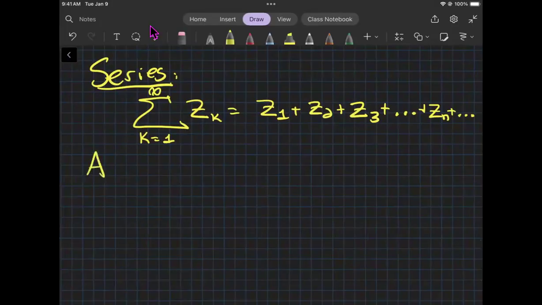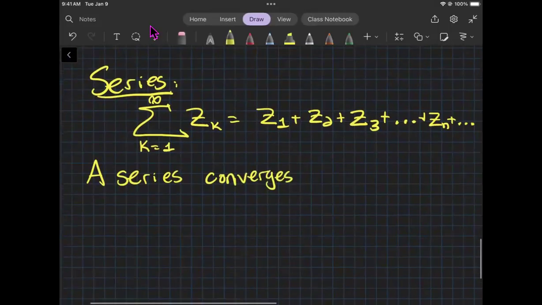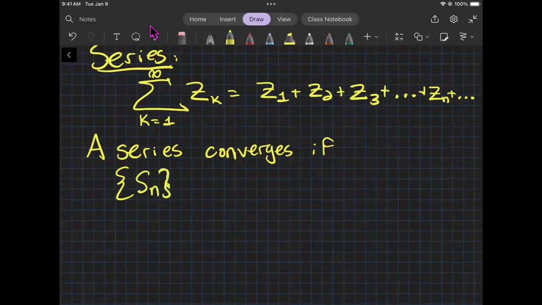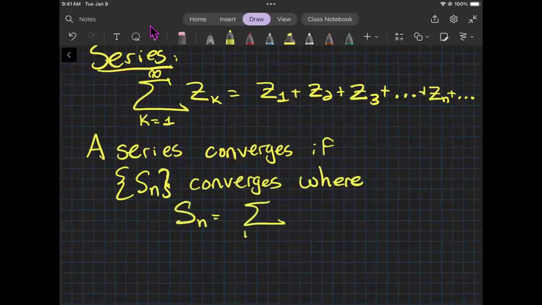And a series converges if S sub n converges, where S sub n equals the sum from k equals 1 to n of z sub k.